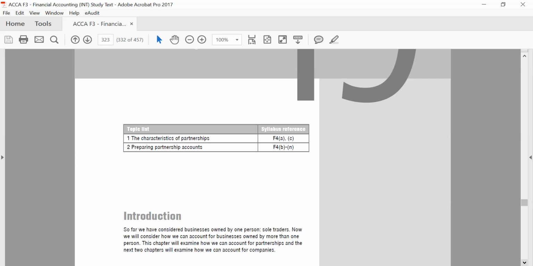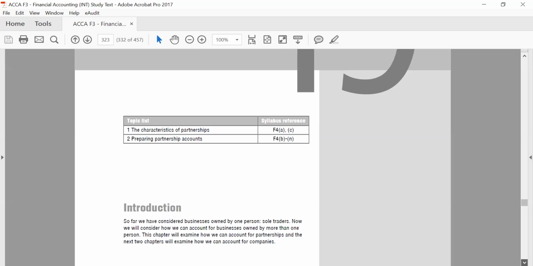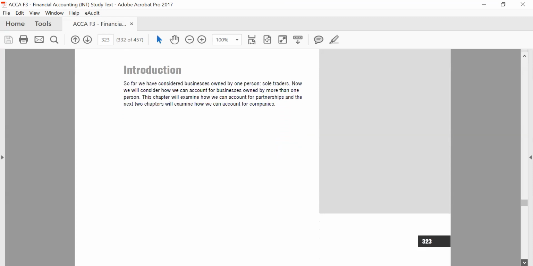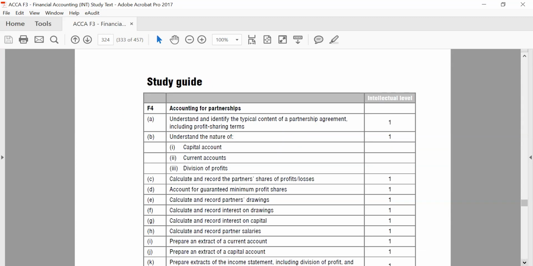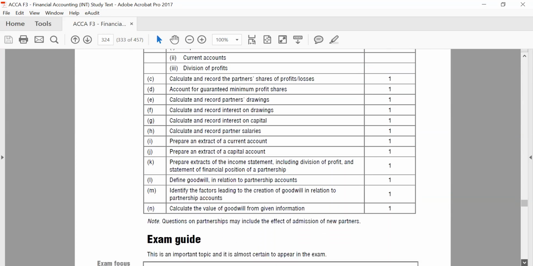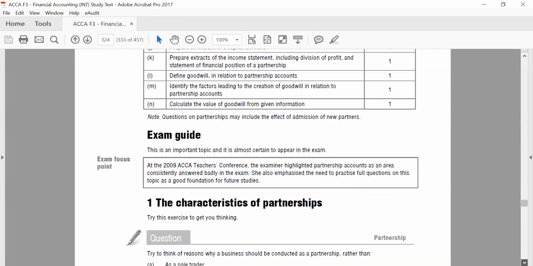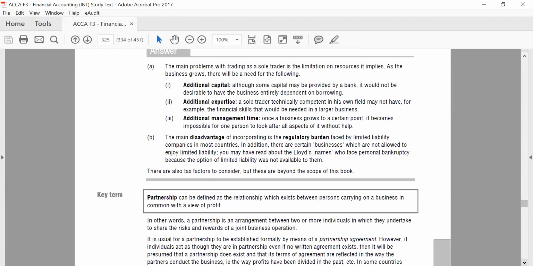So they can register the partnership as a limited liability. But for matters of our study, we want to look at it from the perspective of a partnership as it is. Like I said, partnerships are usually governed with what we call a partnership deed.